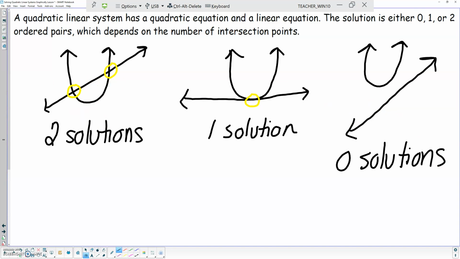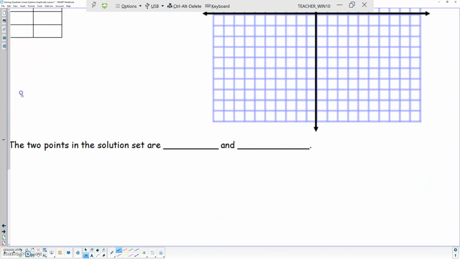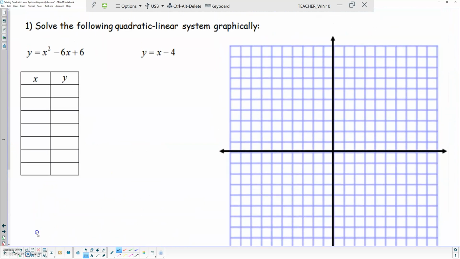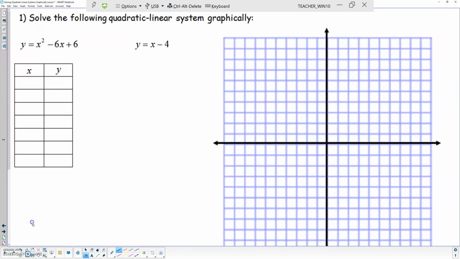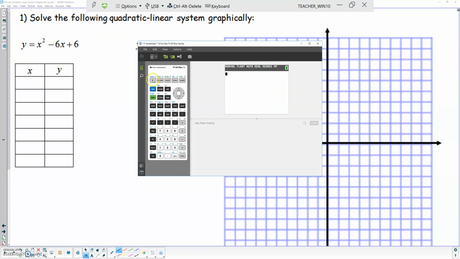All right, so let's take a look at an example. In this first one, we have our quadratic, so I'm going to graph that first. To graph a quadratic, I'm going to go to my calculator, go to y equals, and type in my equation, x squared minus 6x plus 6.